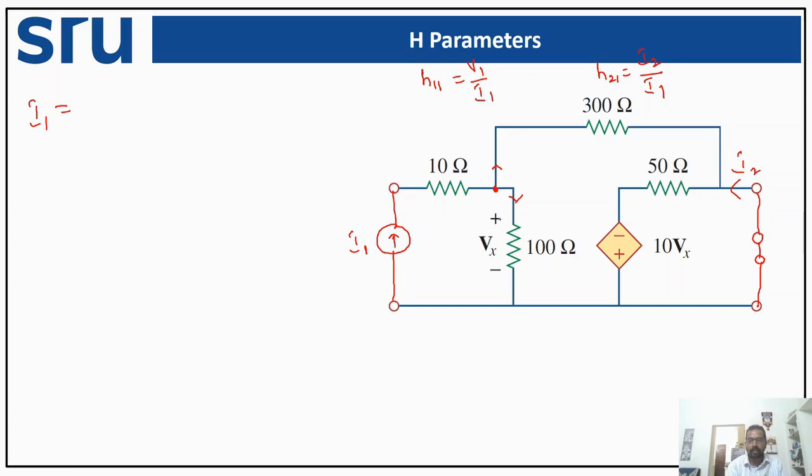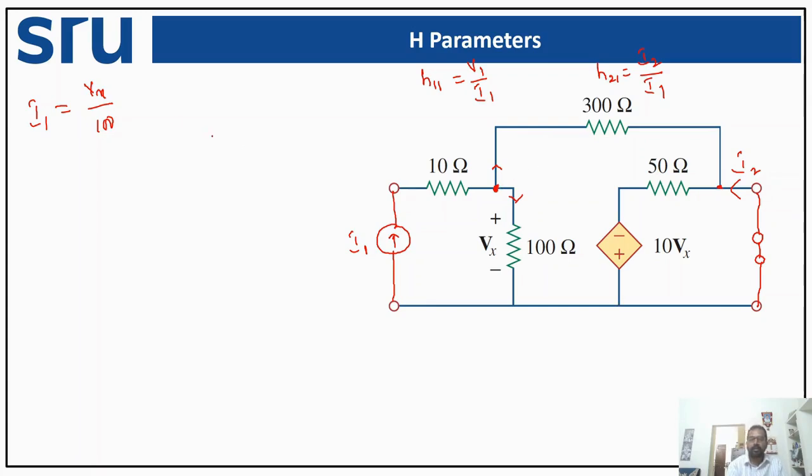It is Vx and the resistance is 100. So it is Vx by 100 ohms. This is the current flowing through this 100 ohm resistor. And what is the current flowing through this resistor? The voltage at this particular point is Vx and the voltage at this particular point is 0 as it is grounded.